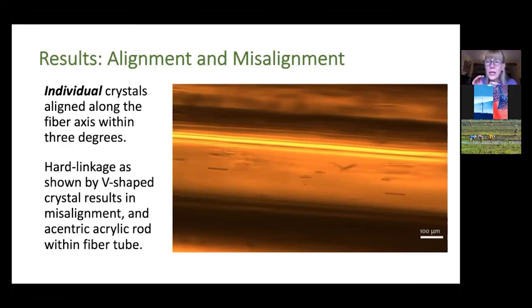And so you would expect some damage around the inner rod and the outer tube of the acrylic, wherever you have hard linked crystals that are not going to be able to align with their axes parallel to the fiber axis.